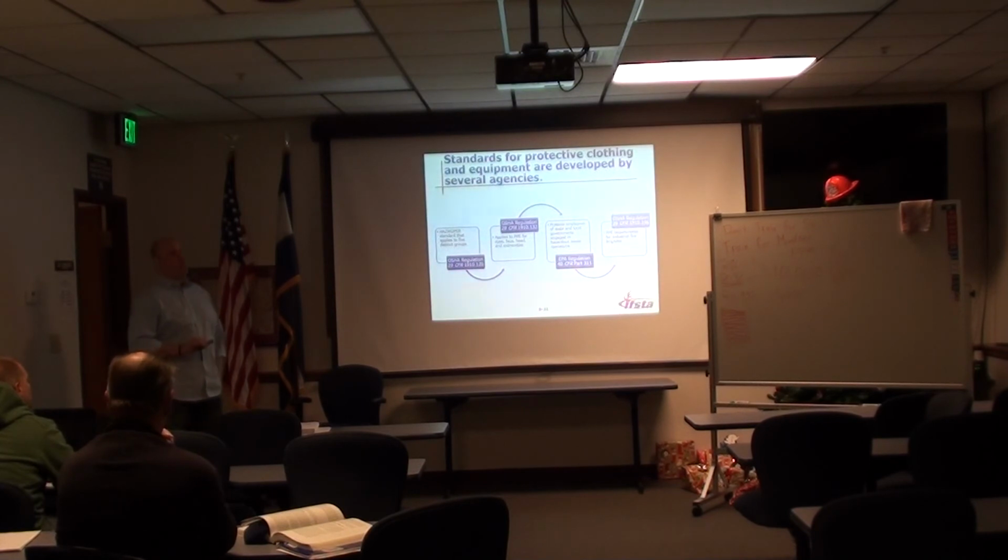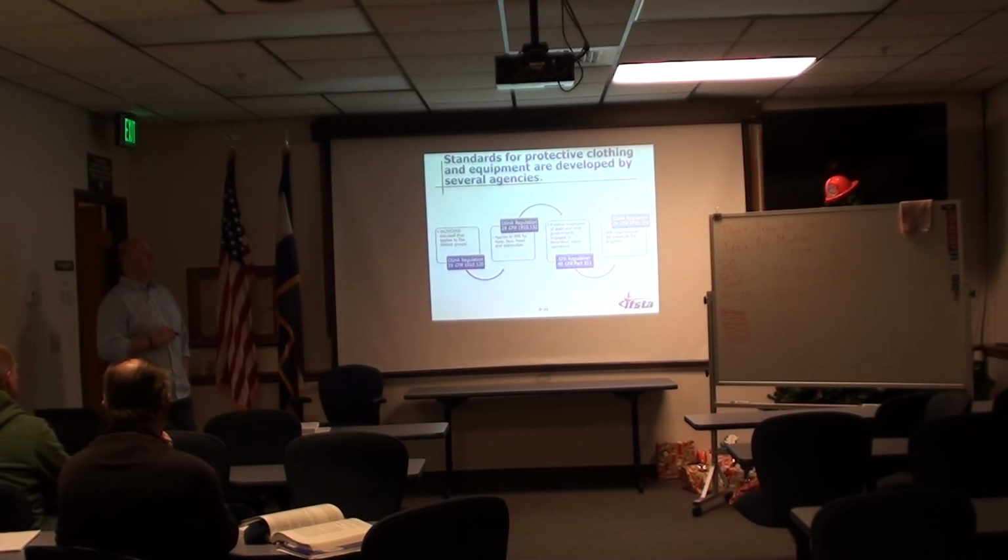OSHA 1910.120 talks about HAZWOPER, and it develops into 5 distinct groups. PPE for eyes, face, head, and extremities. So really, and we've talked about this, but OSHA and HAZWOPER talks about hazardous waste operations, not necessarily hazardous materials response.